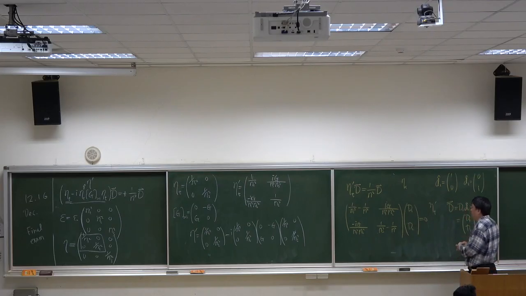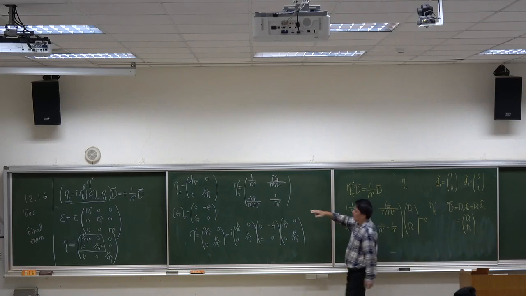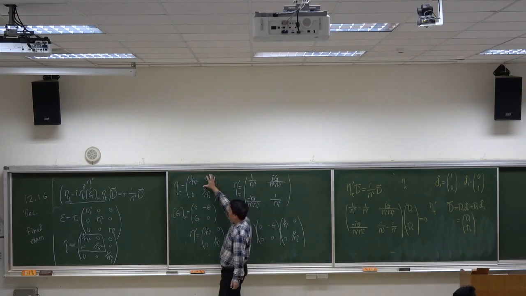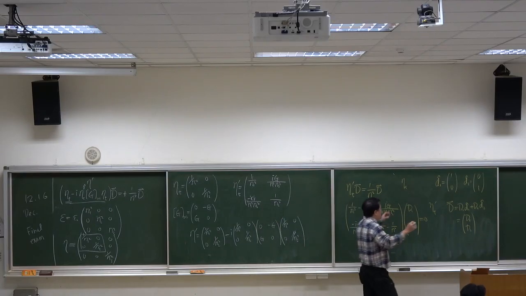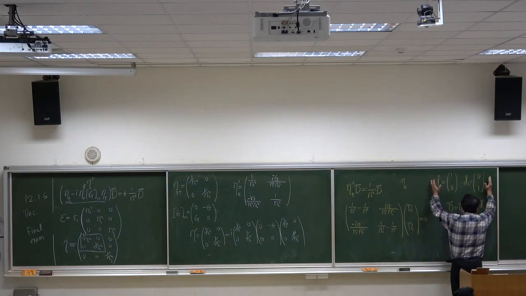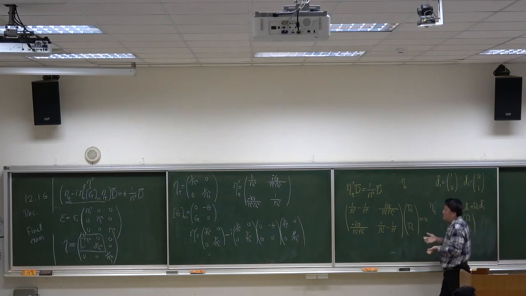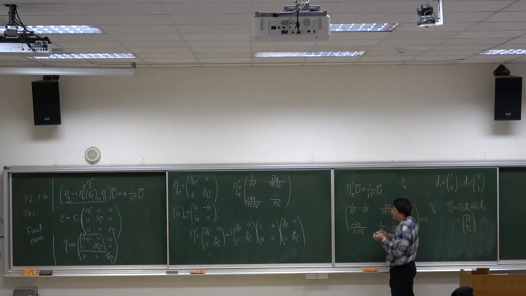Okay? And if we choose our coordinate axes to be along these two eigenvectors, then we can write d1 as 1, 0, and d2 as 0, 1. Then this eta t matrix becomes diagonal. Okay? And then we use this basis to discuss the influence of the optical activity.